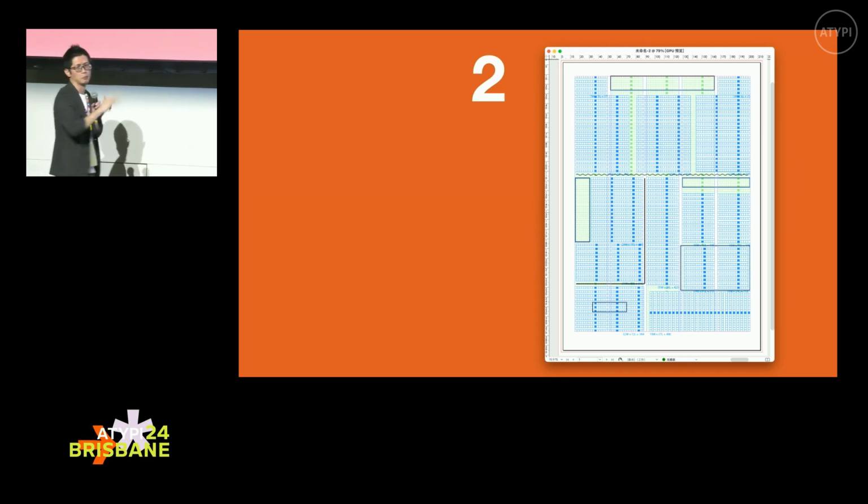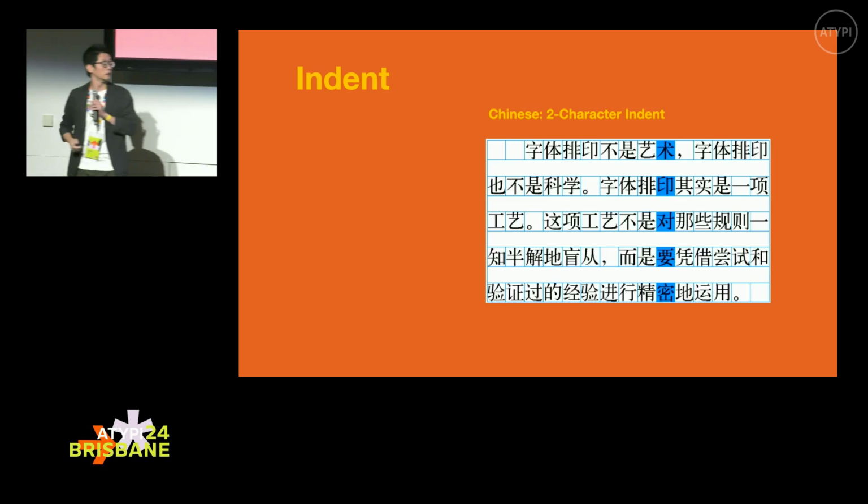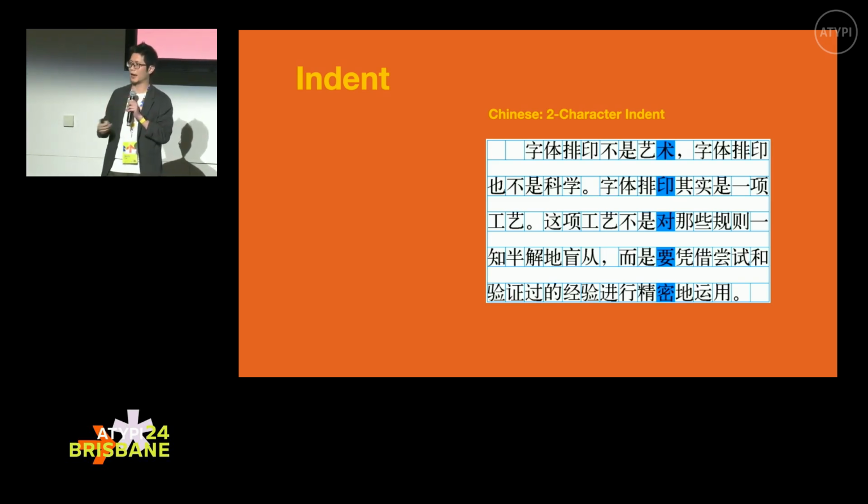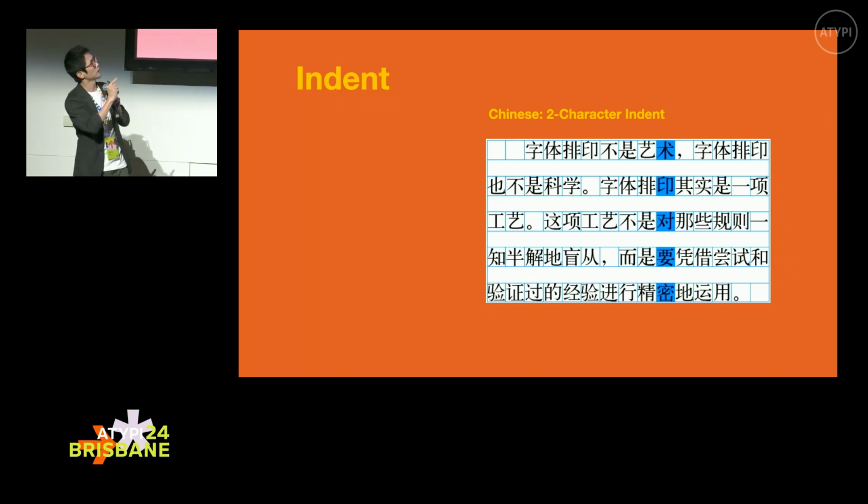All of these are based on the grid. And for the indent, Chinese has the principle of a 2-character indent. We don't say it in pixels or points or millimeters or inches. We just say 2 characters.